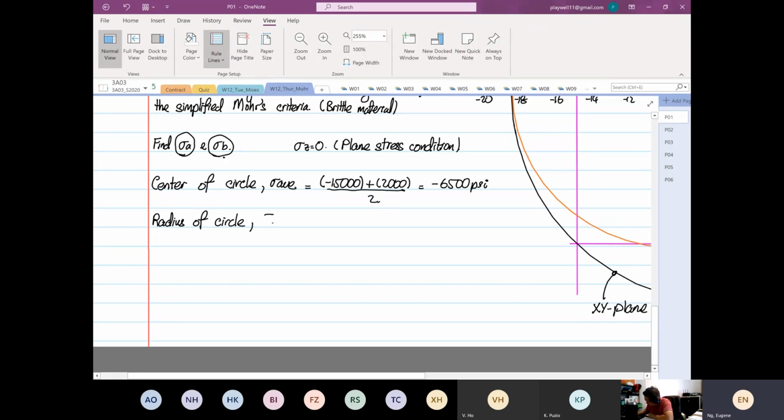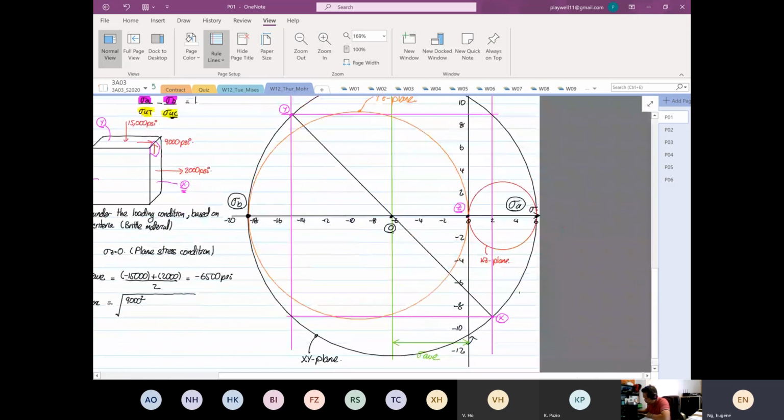So this corresponds to our tau max. So this will be equal to the shear, that is 9,000 squared. Right. So the 9,000. So we want to find now the radius. Okay. Now we want to find the radius.